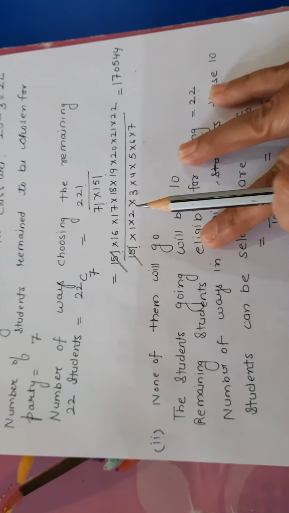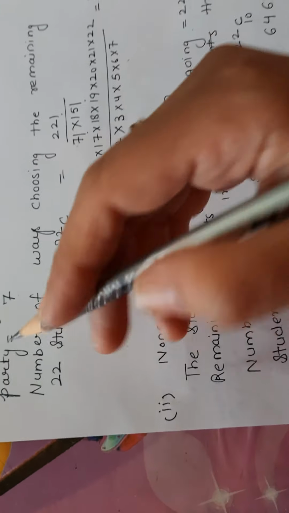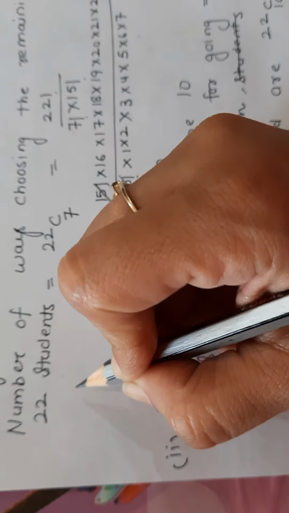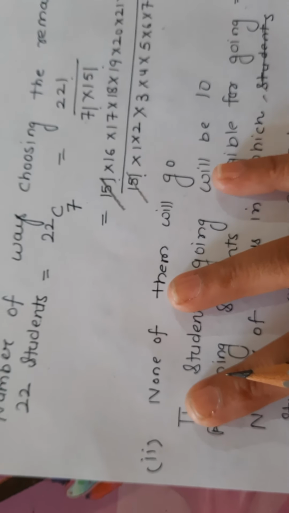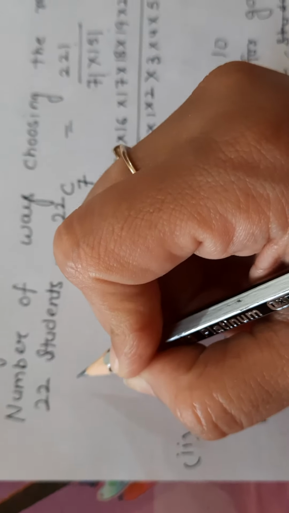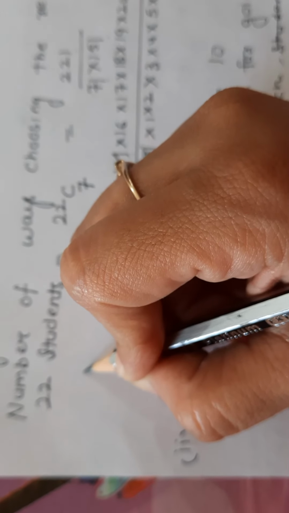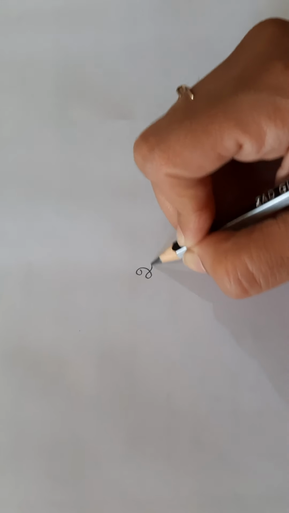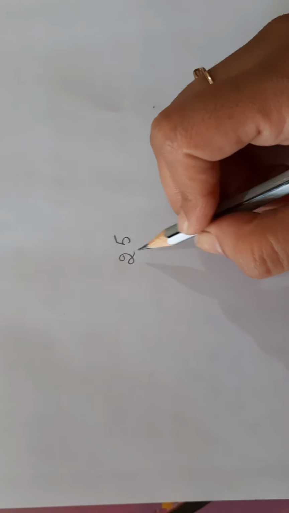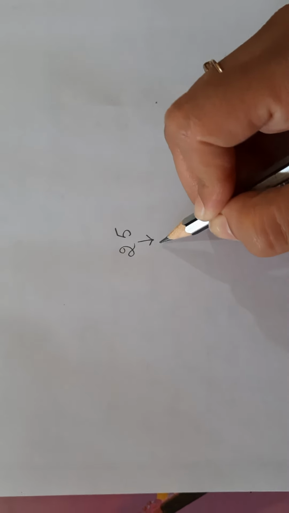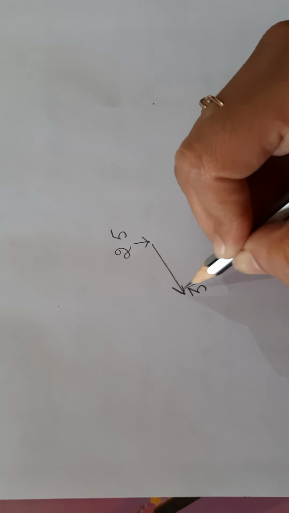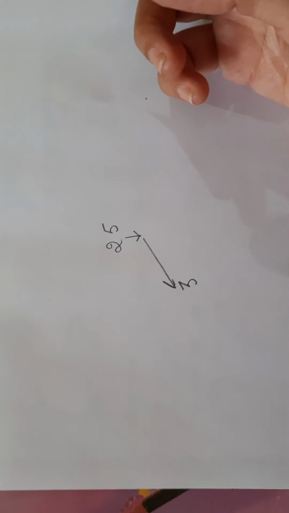Or you can also attempt this question by using the tree diagram. Like you have 25 students in all. Just look here. You have a total of 25 students, and from 25 there are 3 students who will always join or they will not join, right?